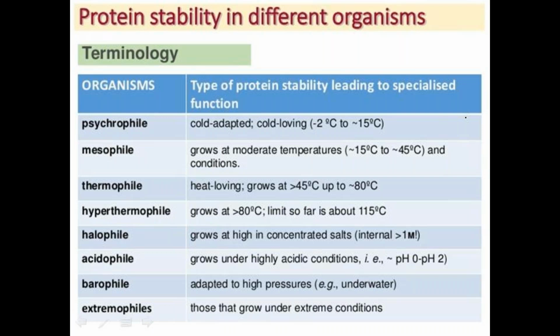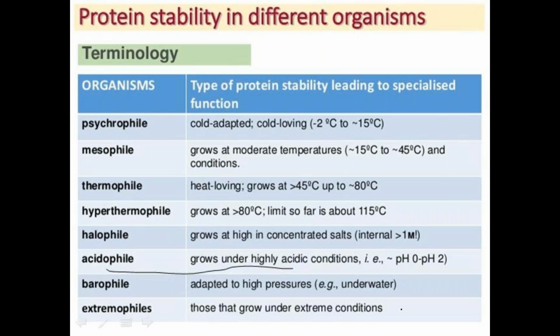Next, halophiles are present in highly concentrated salt conditions. Acidophiles grow in acidic conditions. Barophiles adapt to osmotic pressure conditions. Extremophiles grow under extreme conditions, maybe extreme temperature, extreme salts, or extreme osmotic pressure.